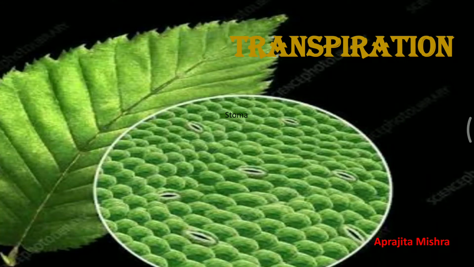Evaporation is defined as the loss of water molecules in the form of water vapor from the lower as well as upper part of the leaf wherever there is presence of stoma. You can see in this structure the presence of certain pores.